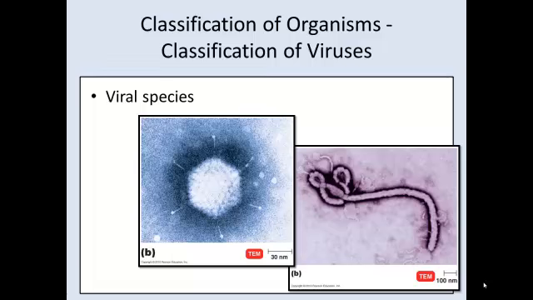In other words, bacterial viruses don't infect eukaryotes, and eukaryotic viruses don't infect prokaryotes, etc. So that's how we classify viruses. So with viruses also, we have families, we have genus, we have species. That's as far as it goes with them.